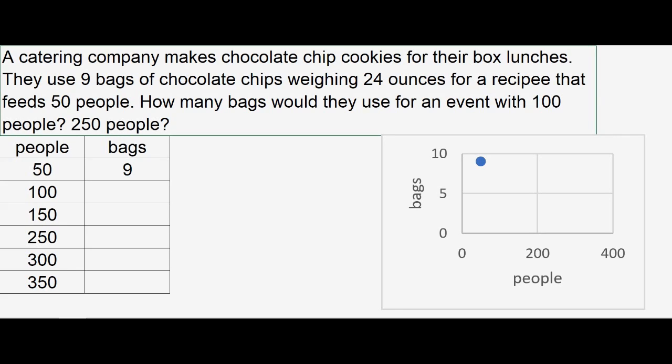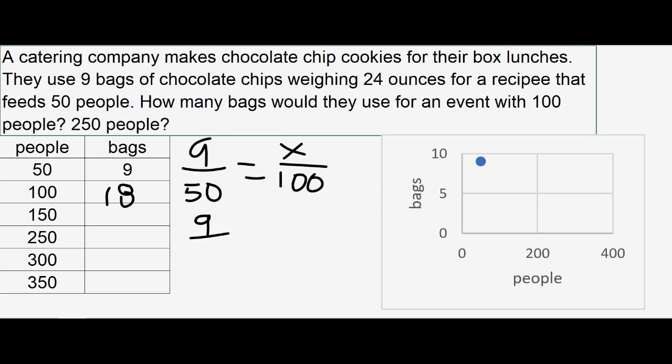So we're saying 9 bags per 50 people, x bags per 100 people. Multiply both sides by 100, and we get 18. If we want to do 250, we do 9 per 50.